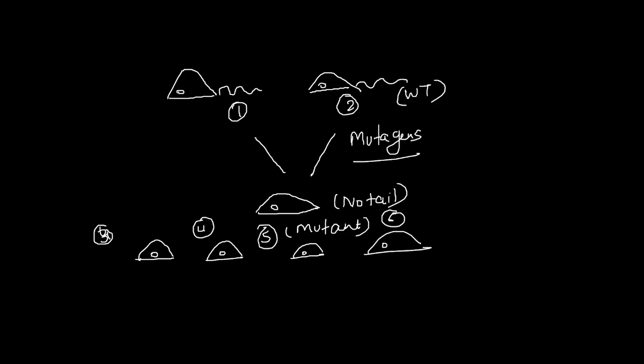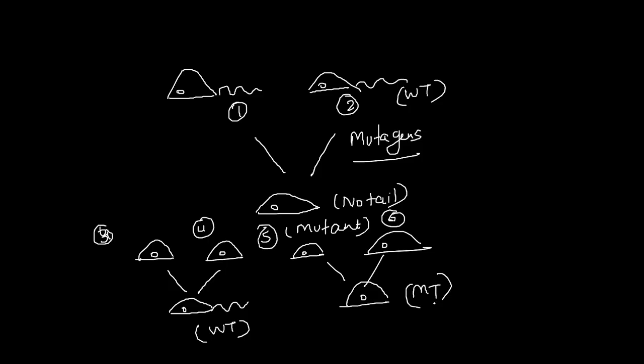What will happen? Let's say we cross mice 3 and 4, and we get a mouse that has a tail. It means the wild type phenotype is restored. And if, when crossing 3 and 4, we are still getting mutant mice, it means the wild type phenotype is not restored.